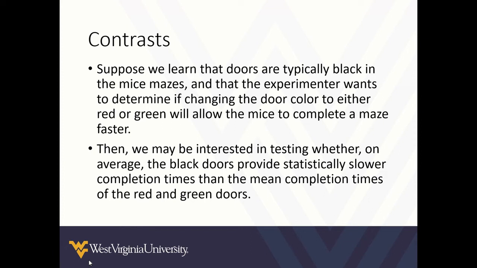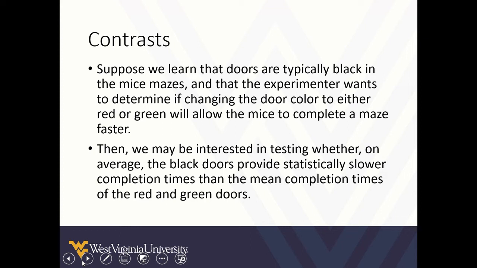So we may be interested in comparing the black door versus the red and green door. And then we may be interested in testing whether on average the black doors provide statistically slower completion times than the mean completion times of the red and green doors. We may want to just compare the red and green doors. There's a lot of different options that we may be interested in comparing.